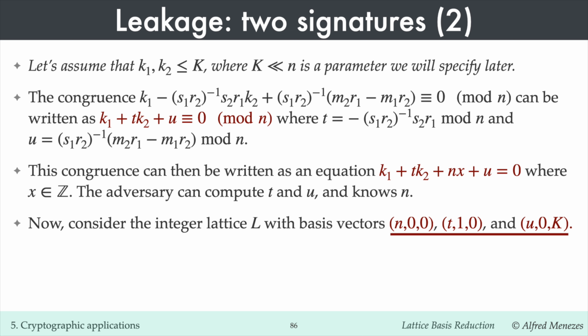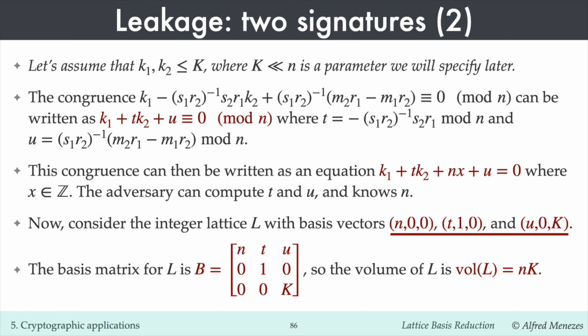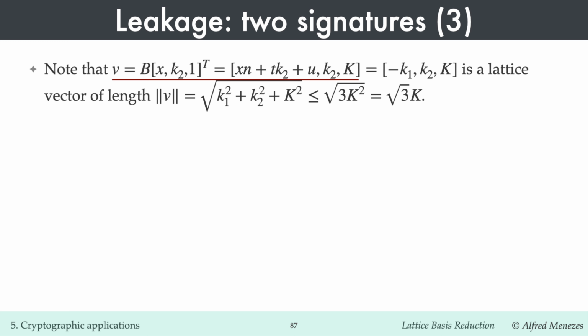Consider the three-dimensional integer lattice L with basis vectors (n, 0, 0), (t, 1, 0), and (u, 0, K). The basis matrix for L is this 3 by 3 matrix B. The volume of the lattice is the absolute value of the determinant of B, which is n times K. Now, you can check that B times the integer vector (x, k2, 1) is this lattice vector v, which simplifies to (-k1, k2, K).